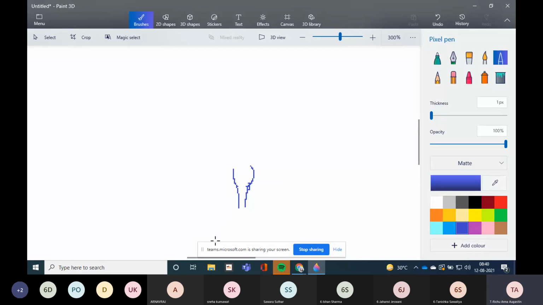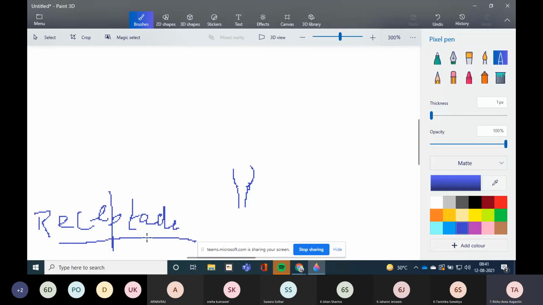This is a swollen cup-like structure known as thalamus, or you can also say receptacle. You can write there: R E C E P T A C L E, receptacle. The thalamus is also known as receptacle.